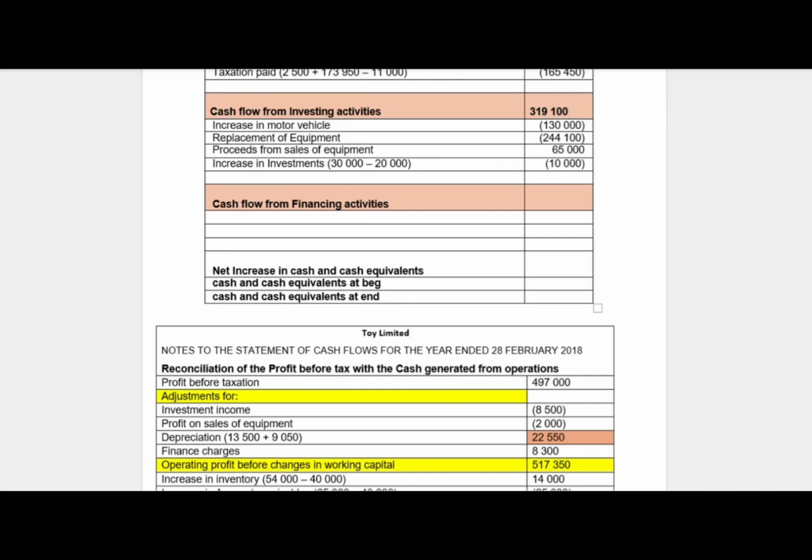In brackets, because it's an outflow. You got negative right there. So negative outflow. Okay, and then we are done with our cash flow from investing activities.